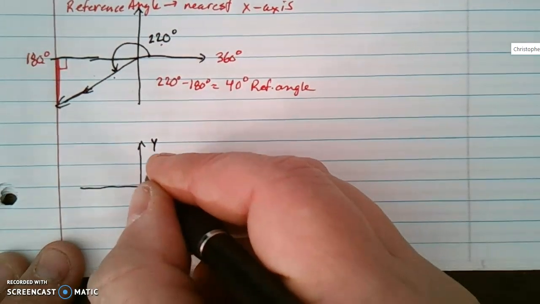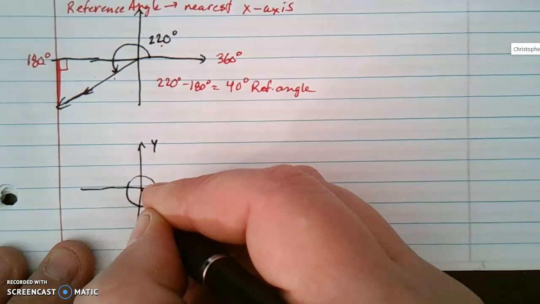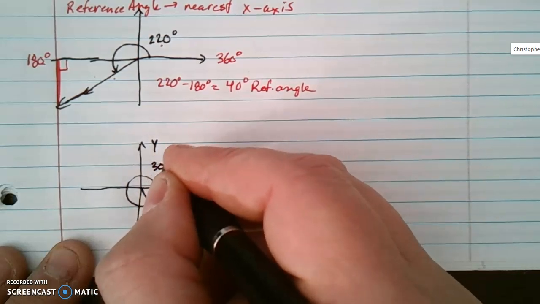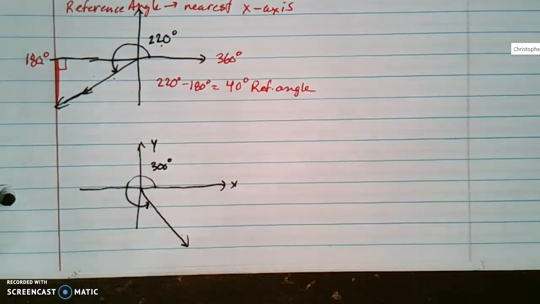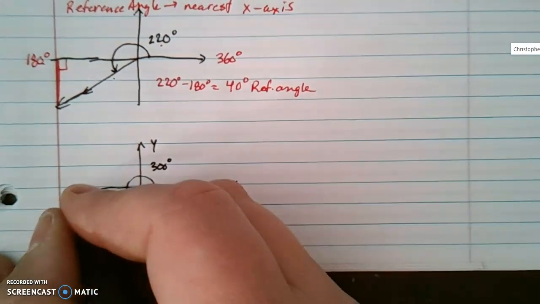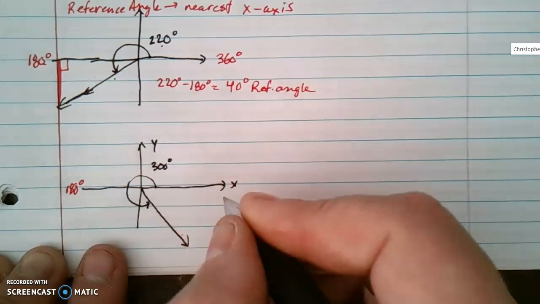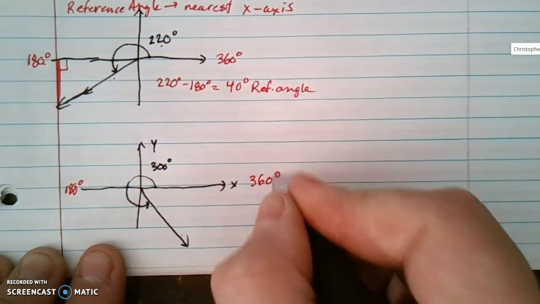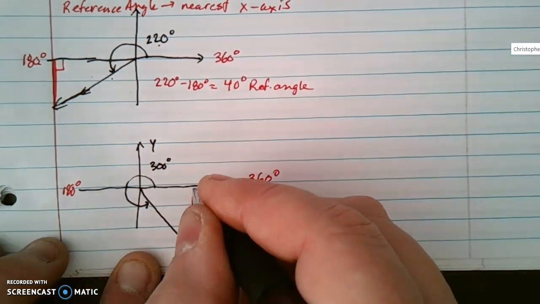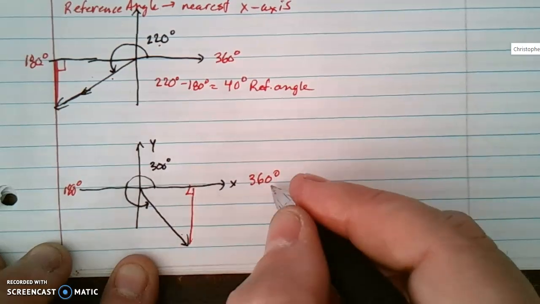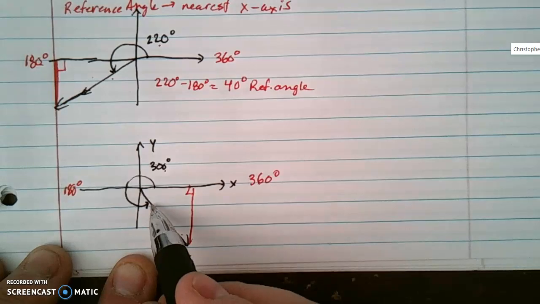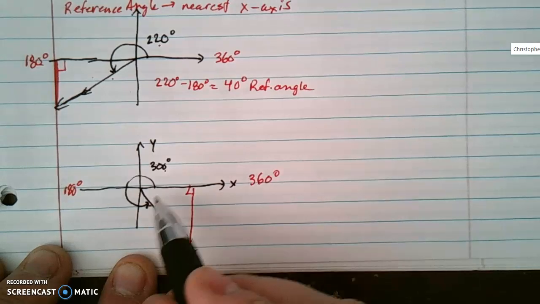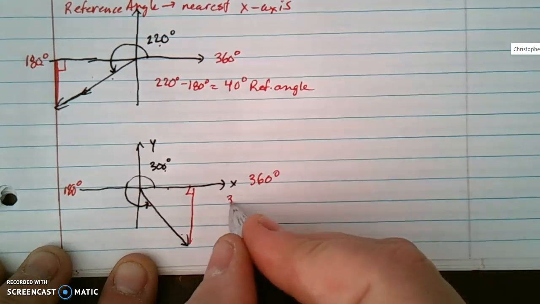So we go counterclockwise. This is going to be something like 300 degrees. Now the nearest x-axis is either going to be 180 or 360. Well, if I go straight to the nearest x-axis, that's 360. That's 300. How far is 300 from 360?